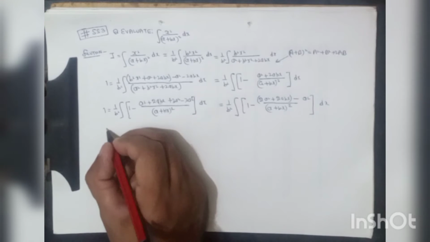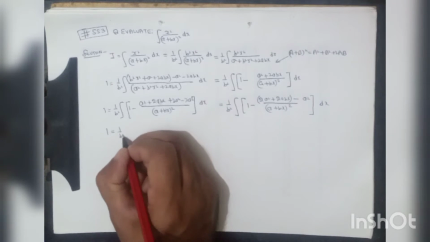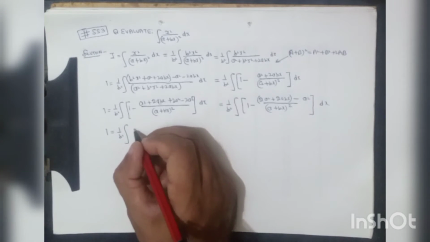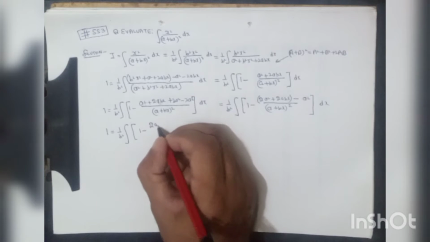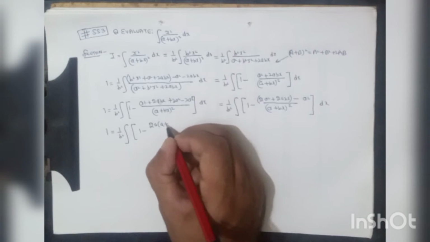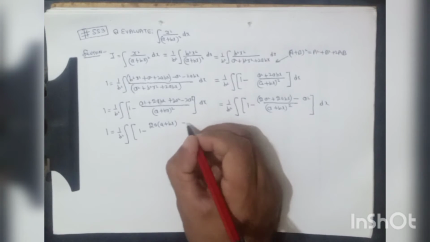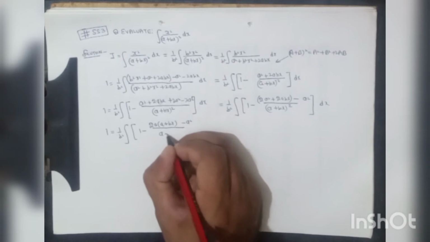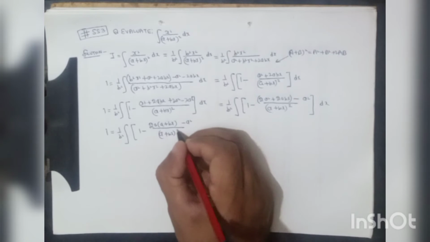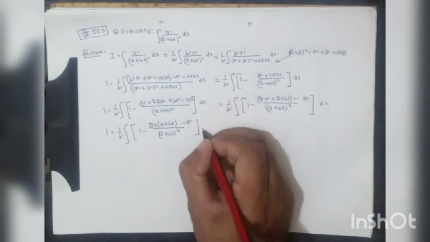So this may be written as I is equal to 1 upon b square integration of 1 minus, in numerator we are taking 2a common, so it will be 2a in bracket (a plus bx) minus a square divided by (a plus bx) whole square dx.